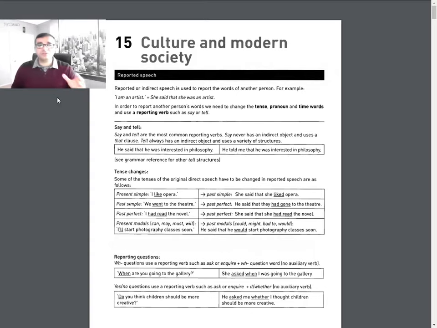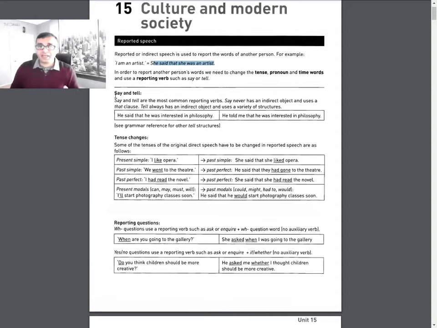First, let's go. I'm an artist. She said that she was an artist. Okay. Look here. Say and tell. He said that he was interested in philosophy. He told me that. We change it to the past all the time. The reported things are changed from now to the past because she already said that.